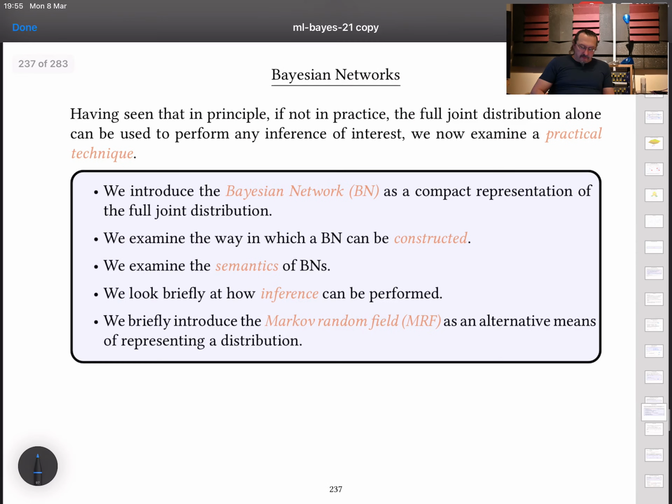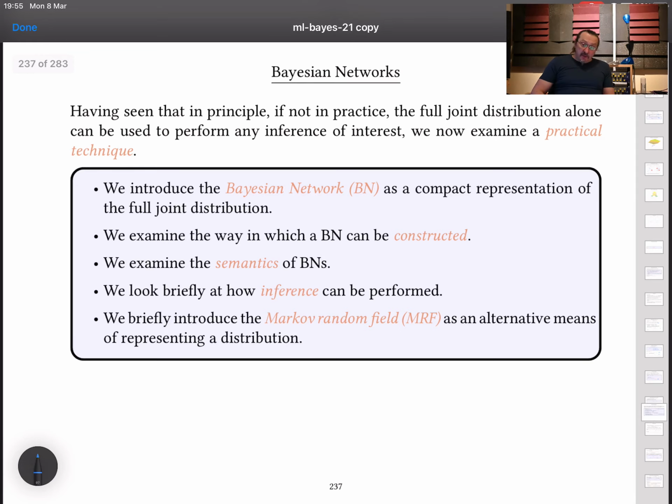Well, Bayesian networks are one way in which we can try and get a handle on these problems. They form a compact representation of the full joint probability distribution. And they are, generally, constructed either by hand, using domain knowledge for the problem of interest. Okay, that's one way of doing it, and we'll see an example of that in a moment.